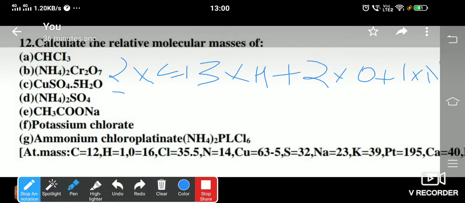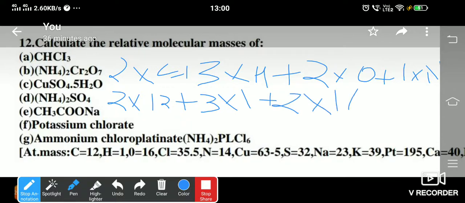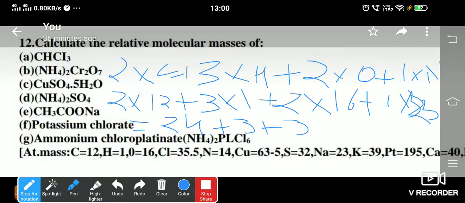So 2 into C is 2 into 12 plus 3 into 1 plus 2 into 16 plus 1 into 23. If you see, I'm solving the numerical in a systematic way. Now 2 into 12 is 24 plus 3 plus 32 plus 23.